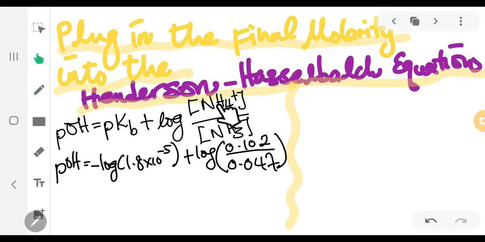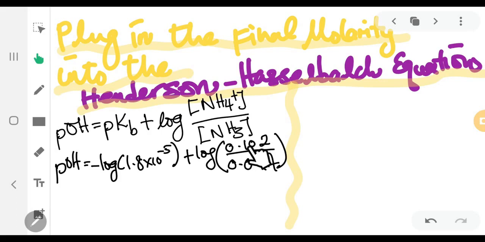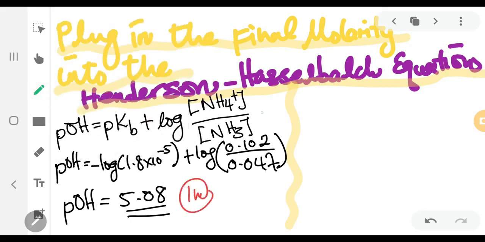These two values are the concentrations that we have figured out here. You put them into your Henderson-Hasselbalch, concentration of conjugate acid over concentration of your weak base, and you get the pOH value equals 5.08. By doing that, you get 1 mark here, 1 mark there.